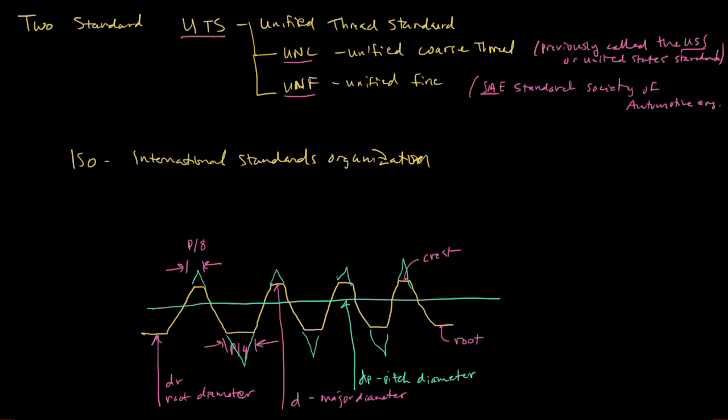The angle between threads, between here and here, is 60 degrees. And so if you were to buy a thread cutter, it would look like this. And for cutting external or internal threads, if you could fit it in there, it would look something like this. And that would have a 60-degree thread cutter, and that's the common thread.